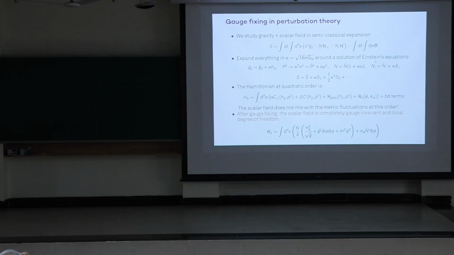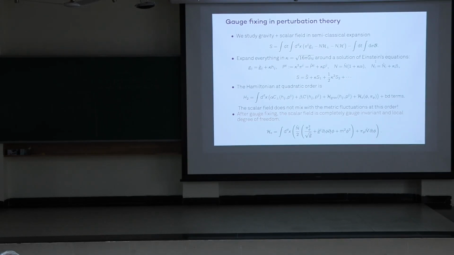At this point, it's a quadratic statement. But why is it surprising that at the quadratic level the scalar field and the metric fluctuation don't mix if you're expanding about a solution of the equations? You would have thought that maybe they mix through the constraints. If there were no constraints, there's no surprise, because at the quadratic level all fields are independent. Look at the equation of motion of the metric about the solution: the coupling is the stress tensor of the scalar field times the metric fluctuation.